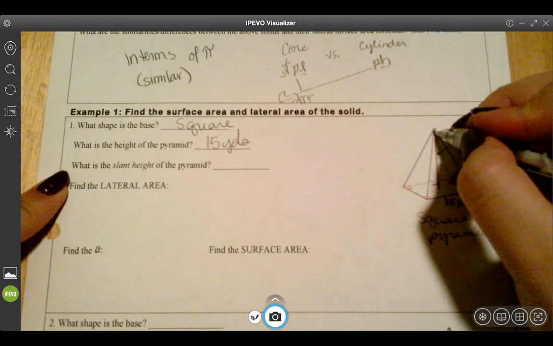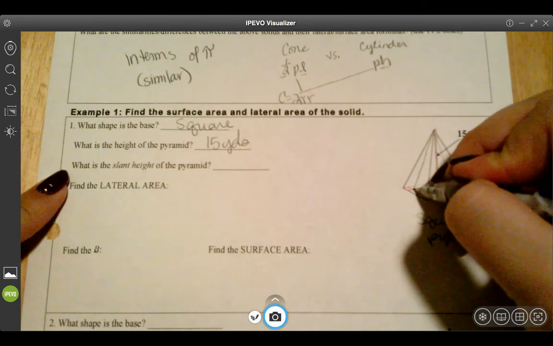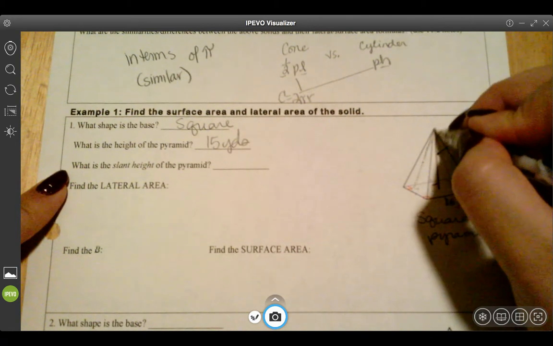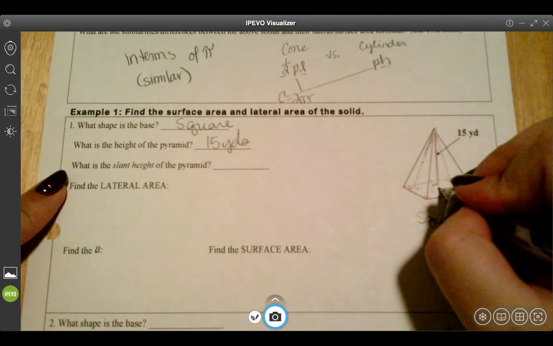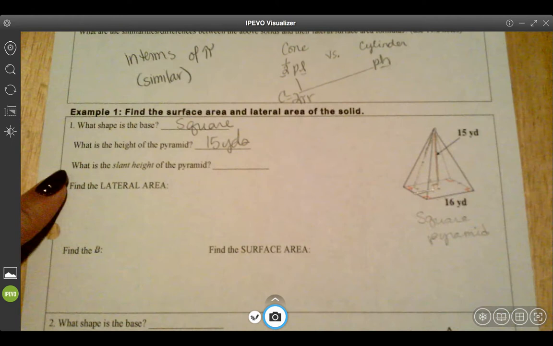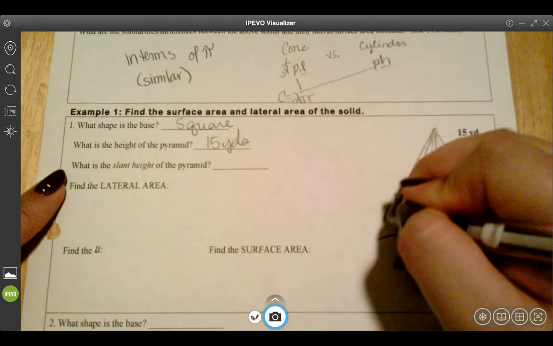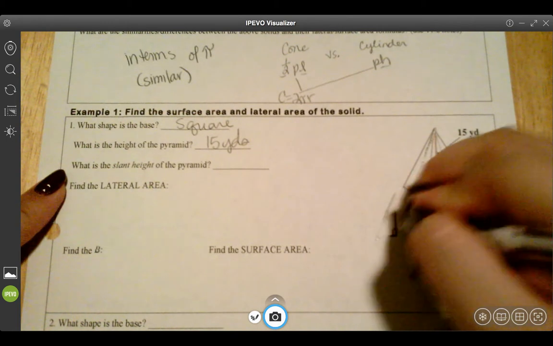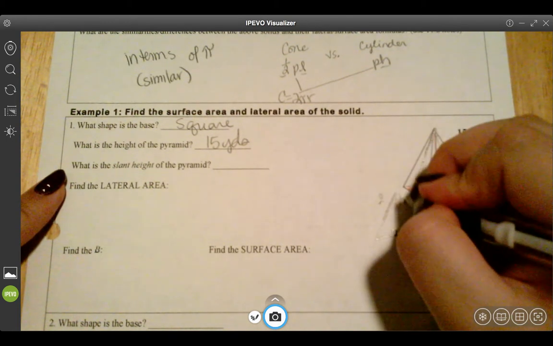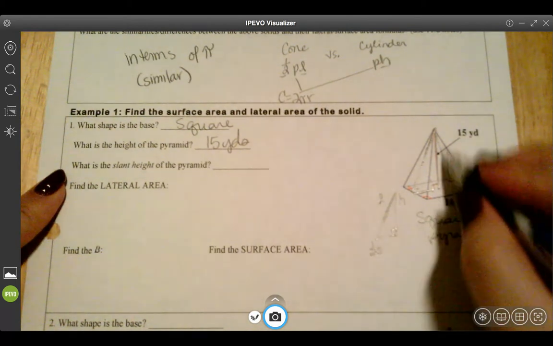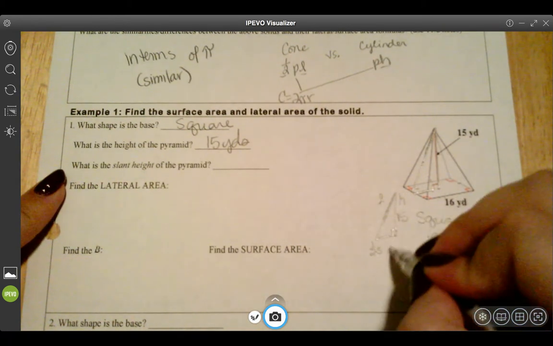Well, the slant height is if I slide down the outside of the pyramid. And in order to find that, I'm going to need to create that right triangle. So we have this right triangle with the slant height and the height. And then this is going to be half of a side. So we have 15 here. Half of a side is 8.